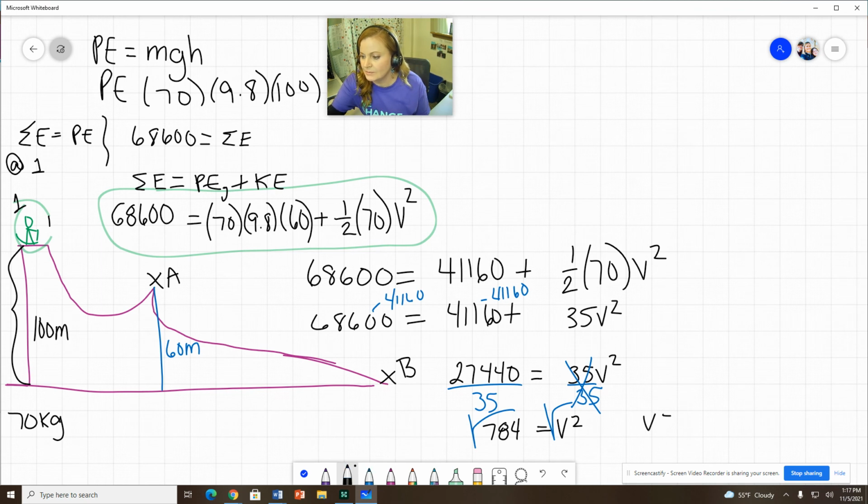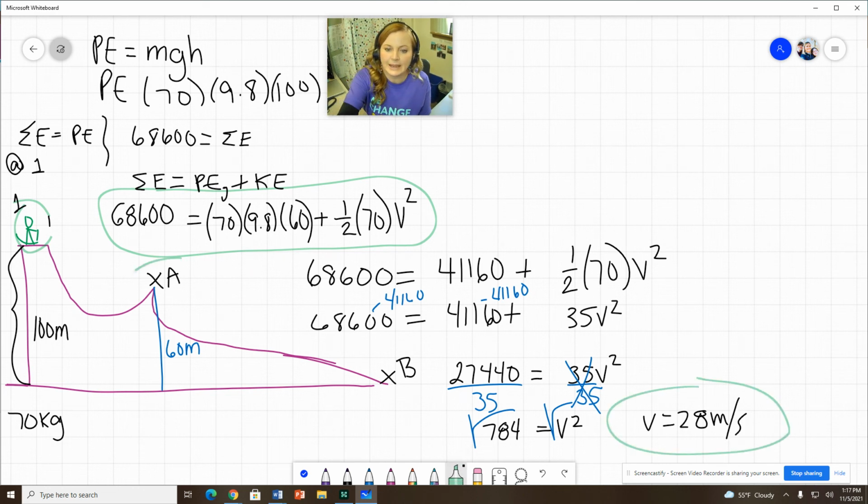So v would be 28 meters per second. So the velocity at point A is 28 meters per second. And you can apply this principle at any point along the track. You just need to know the height of the starting position, and they need to be starting from rest.